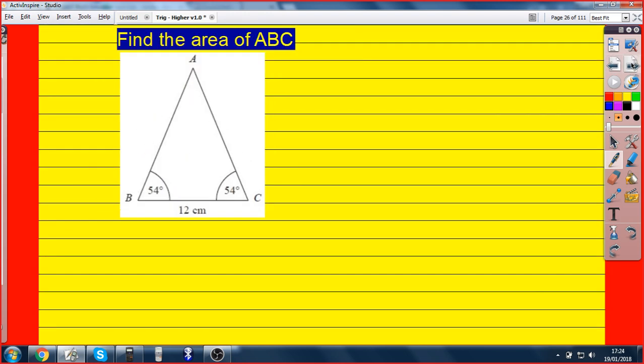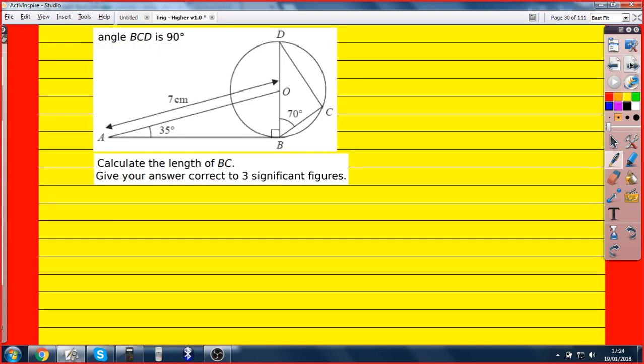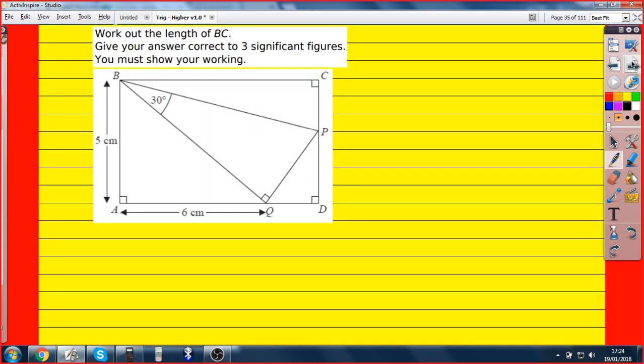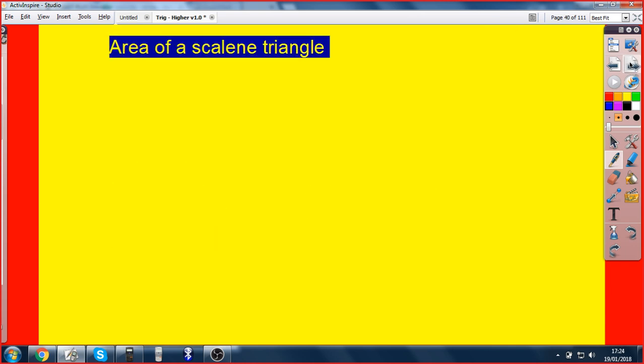That's area. I think I'll just move on to the other stuff.